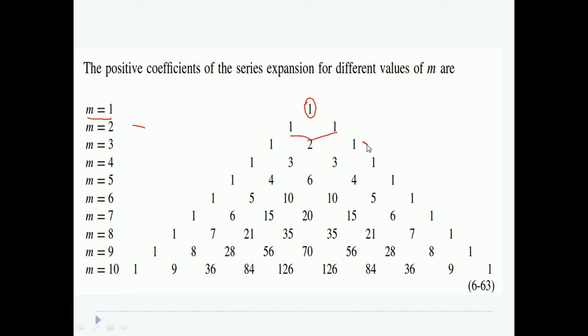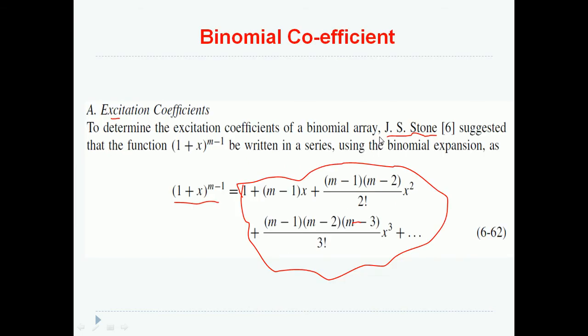For m equal to 3, the coefficients will be 1, 2, 1, and likewise for m equal to 4, the coefficients will be 1 3 3 1. So this is the easiest way to find the coefficients for this particular expression. Our array factor of even elements is similar to this particular expression.